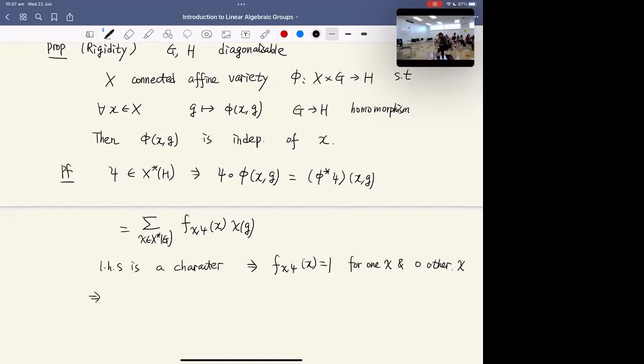So this implies that for all the chi's, this f satisfies this condition. But now because X is connected, the whole function has to be 1 for one chi and 0 for the others.